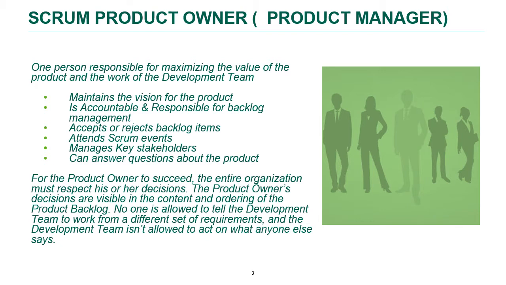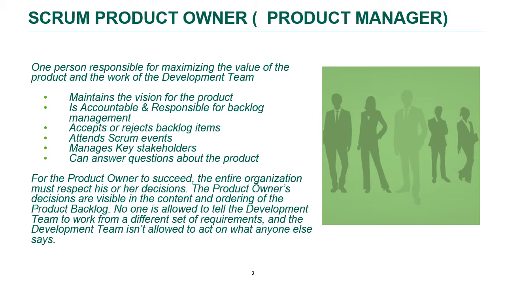He writes and prioritizes the features based on stakeholder needs, and he can answer the questions about the product. He's the ultimate arbiter on requirement issues, and he decides whether to release the product or to continue the development.